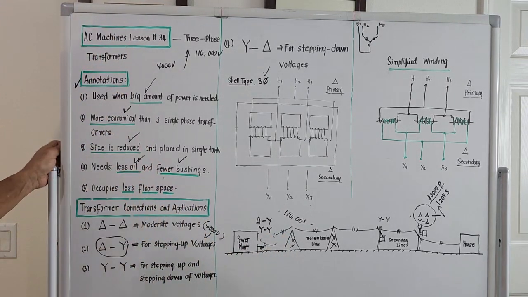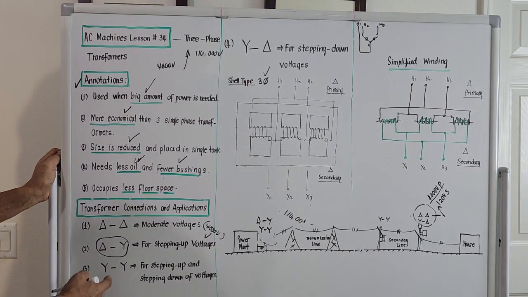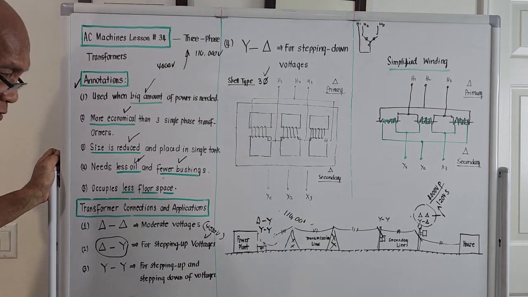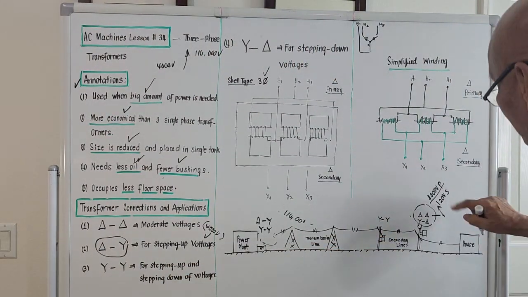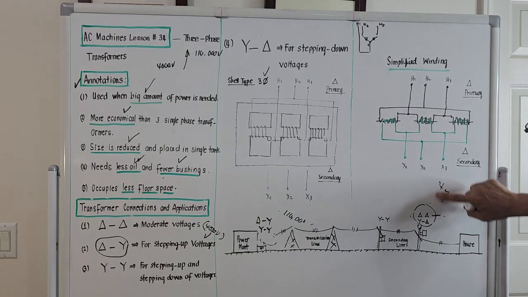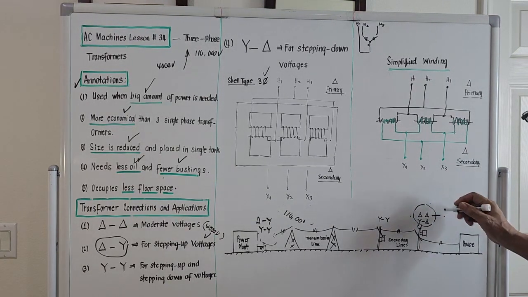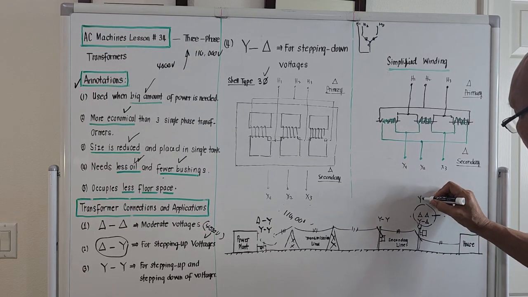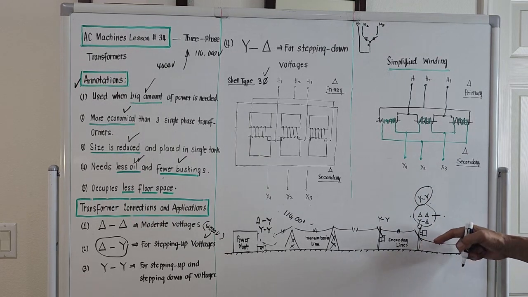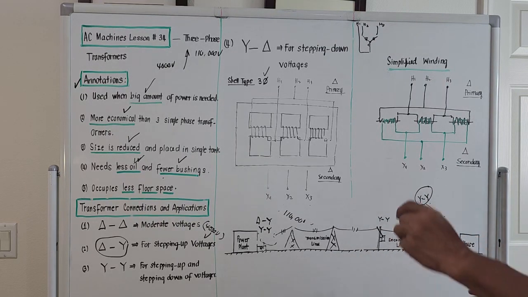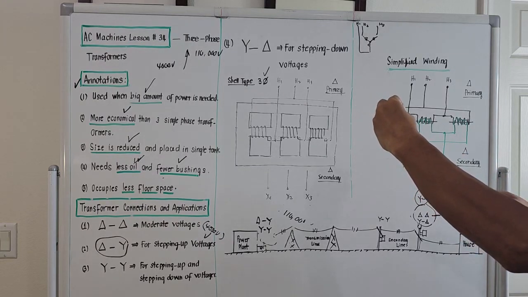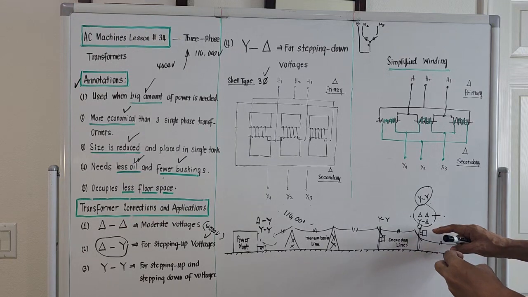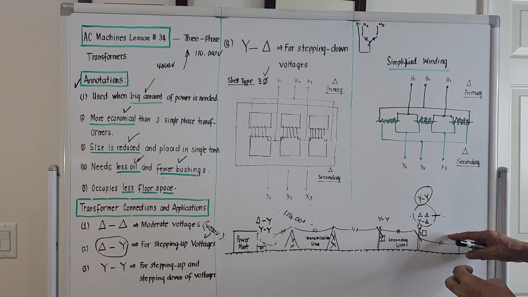And where is the other location of this YY? Because YY could still be used for stepping down, so it could be here maybe. Stepping down, right? So YY could still be located here on the poles near our houses. Because that 110,000, of course, the secondary of the distribution transformer here should be 120.